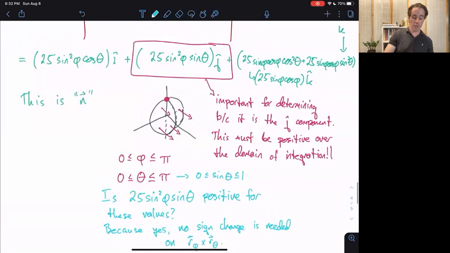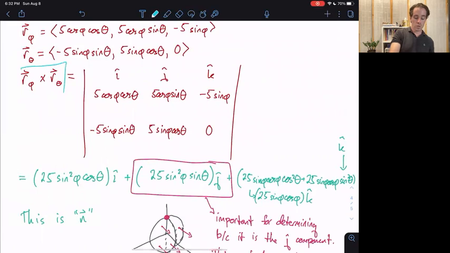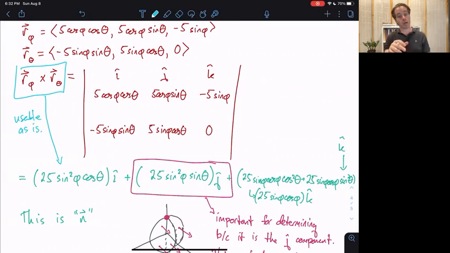Okay, so this right here, r_phi cross r_theta, it's usable as is. Again, if we had found that the orientation was the wrong way, we would fix it by applying a minus sign to the whole thing. That's not rigging the game, it's just playing by the rules.